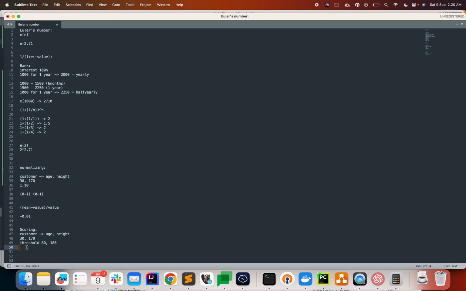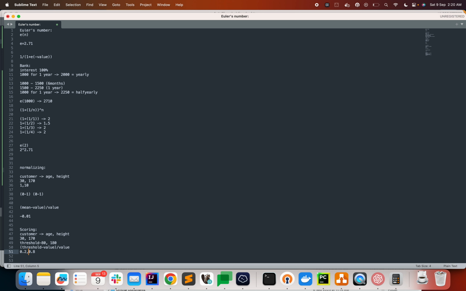The formula is almost the same, just that instead of the mean we'll be using the threshold, and it is still based on this value, let's say 0.2 or 0.8.